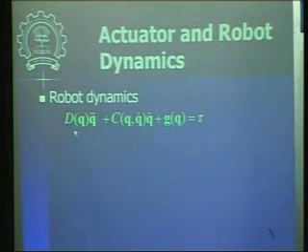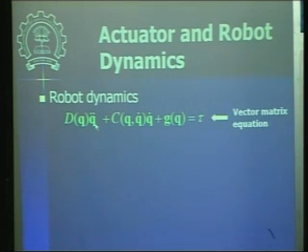So now how can we combine these equations into the robot dynamic equations? Look at the robot dynamic equations that we had seen. They look like this form: D(q) q double dot plus C(q, q dot) q dot plus g(q) is equal to tau. Now this is a vector-matrix equation.